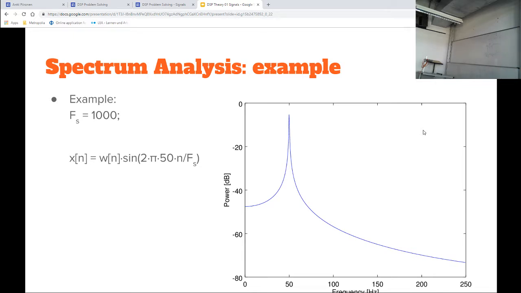This is an actual sampled sinusoid spectrum. There's exactly 50 Hertz right here. Then it also has these envelopes, which come from the fact that our sampled signal was windowed.